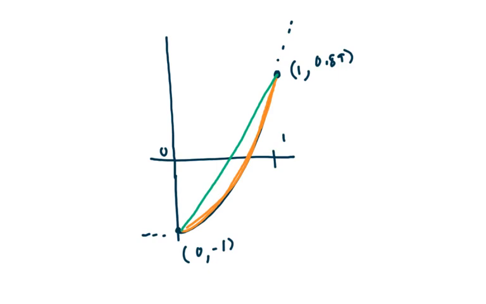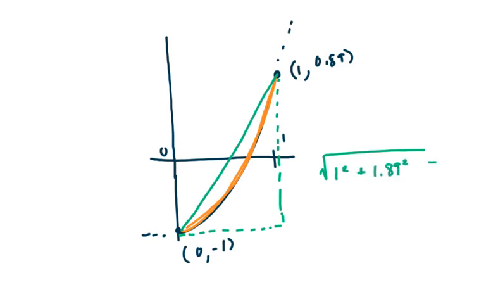So using the distance formula, which is just a variation of the Pythagorean theorem, we can find the length of that hypotenuse there. That would be the square root of 1 squared plus 1.89 squared. That's the length of this secant line from A to B, which is approximately 2.14.